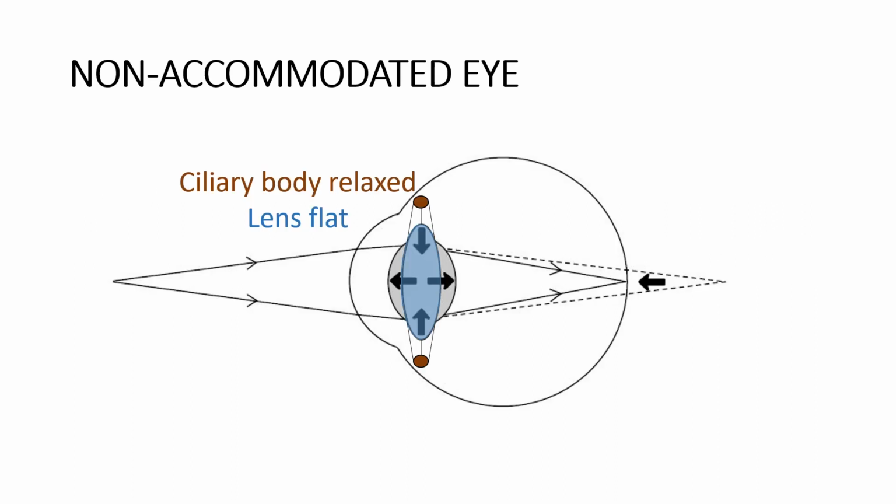So in this picture one can see that the ciliary muscle is relaxed, but when the ciliary muscle is relaxed, the lens zonules over here are tight, and they pull onto the lens and make the lens more flat in shape.